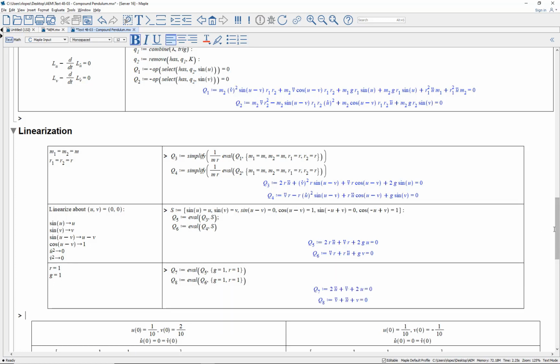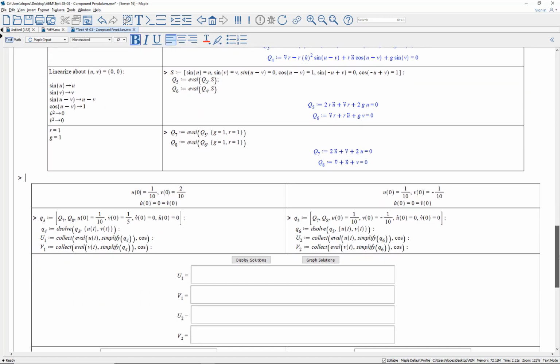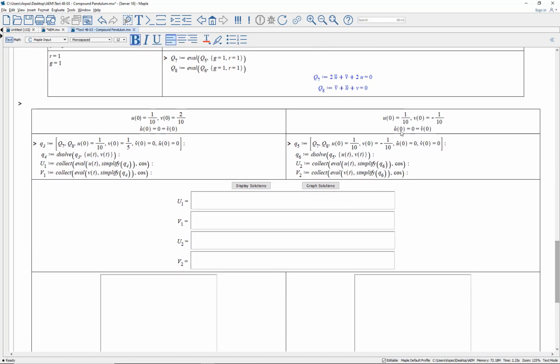Okay, and I want to solve these, but I'm going to solve them in Maple. I will use two different sets of boundary conditions. This first set of boundary conditions has the two bobs being moved to the right, but the bottom bob then being moved further to the right.